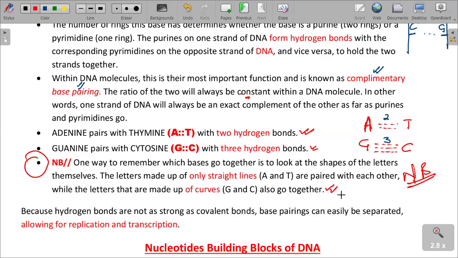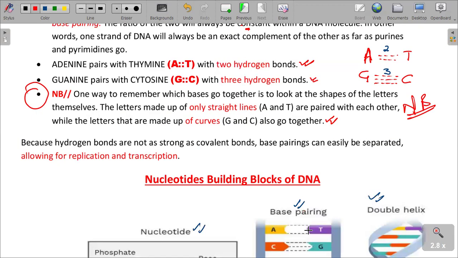This is quite nice and easy for any learner to remember. Letters that are made of straight lines join together. Letters that are made up of curves, C and G, also do likewise.